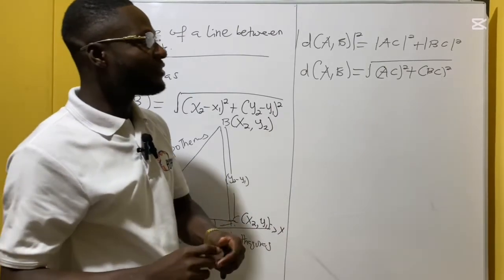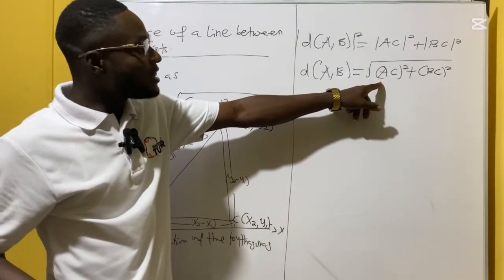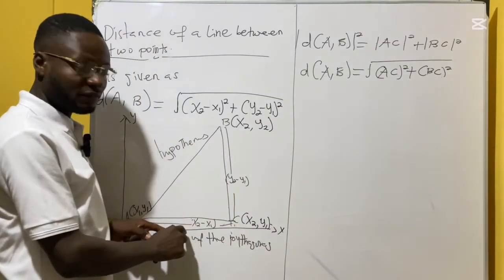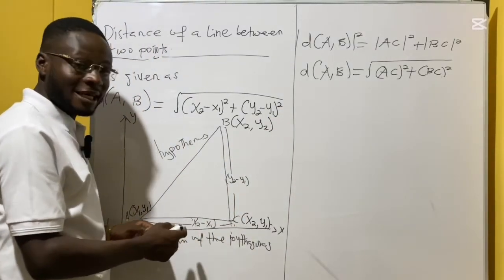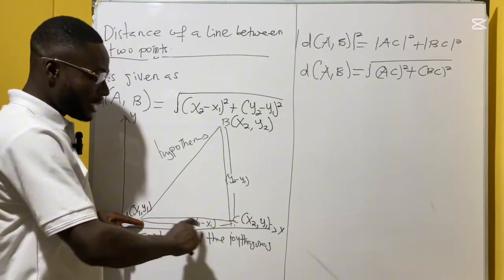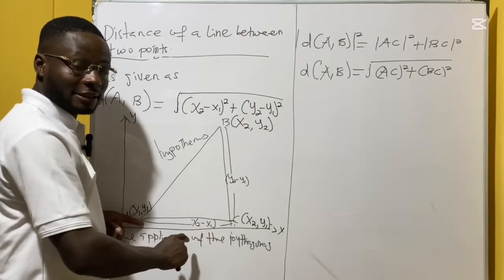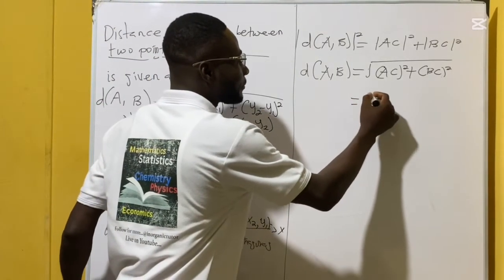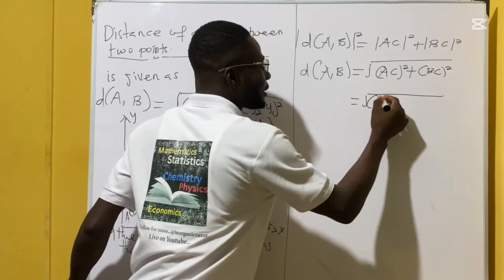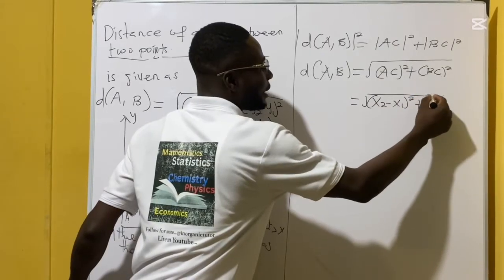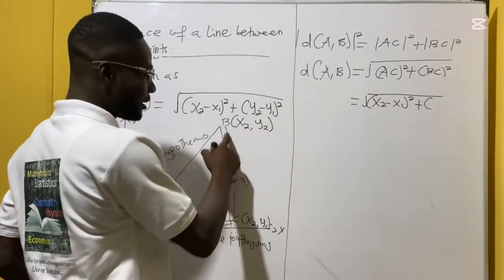So once we have this, we know that there is a coordinate for line AC, right? There is a coordinate for lines AC, and that is basically the difference between the A and the C, right? So that is basically going to be x2 minus x1 all squared plus that of this section, right?